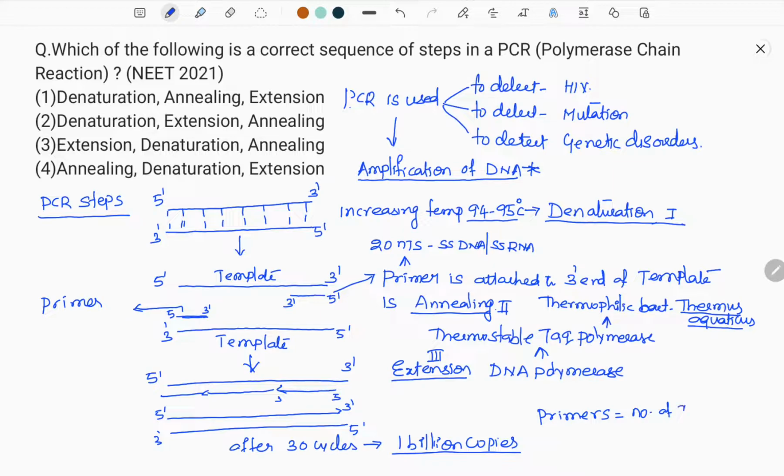So we can write here: number of DNAs that are formed is equal to number of primers. We have seen that from one DNA 2 DNAs are made. So for forming 2 DNAs, how many primers are required? 2 primers are required. So the number of primers is equal to the number of new DNA molecules made. So this is the PCR technique.